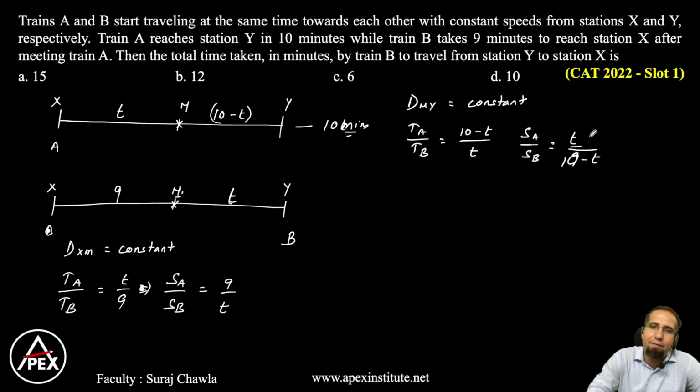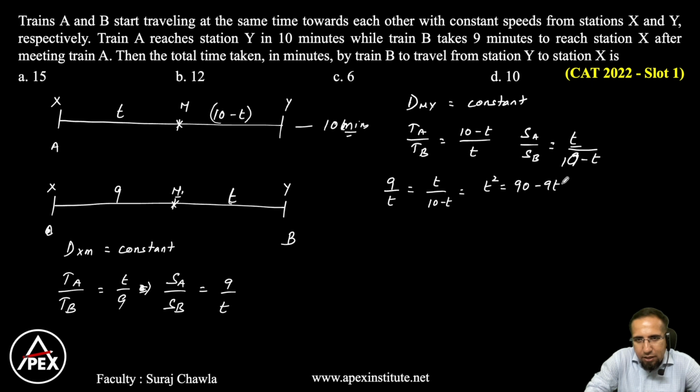And both of them are traveling at constant speed. So I can equate both of them and I can say that 9 by T is equal to T divided by 10 minus T. So what do we have here? We have T square is equal to 90 minus 9T, or T square plus 9T minus 90 is equal to 0.